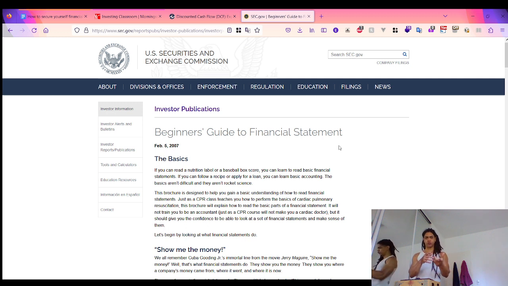Because if you're able to read a nutrition label or a baseball or soccer box score, you can learn to read the basic parts of financial statements. If you can follow a recipe or apply for a loan, you can learn basic accounting, and the basics aren't difficult. So in that section of the website, sec.gov, they show me how to read these basic forms.